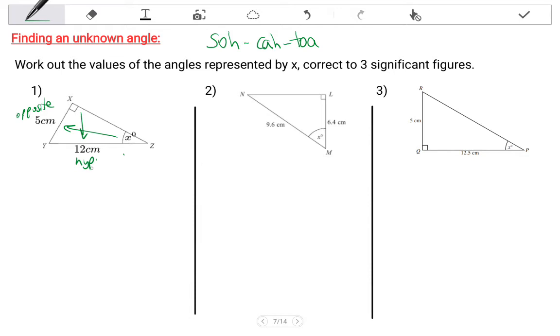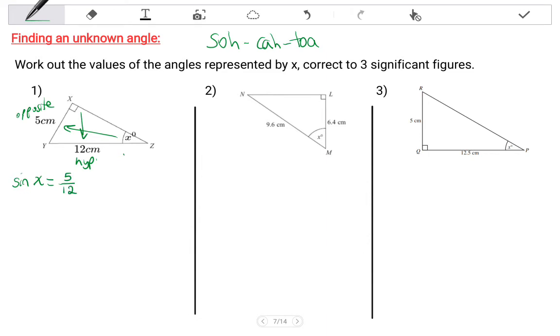So here opposite and hypotenuse must be used together, so sine will work. I'm writing sine of the angle, and this angle here is x. I'm going to find it. Sine of x equals opposite over hypotenuse, which is 5 over 12.